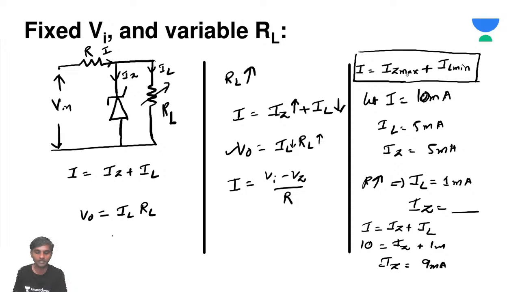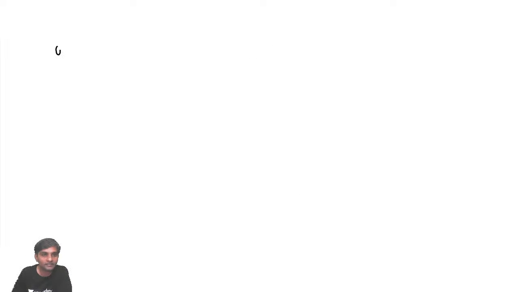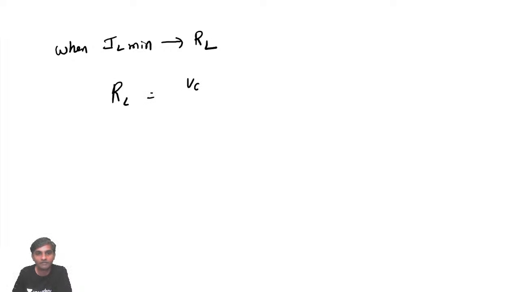Sir, when IL is minimum, what is the value of RL? When IL is minimum, what happens to the value of load resistance RL? Definitely RL is going to be V naught by IL minimum. As this is in the denominator, when this is minimum, obviously you will get RL maximum.